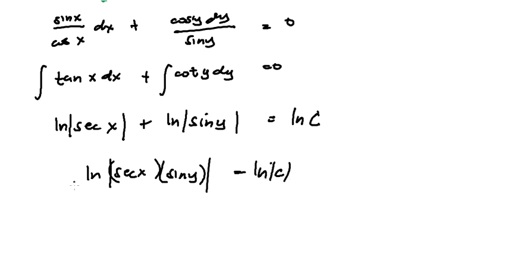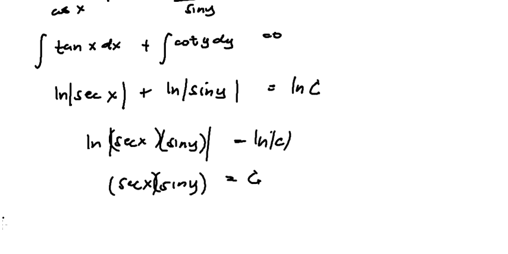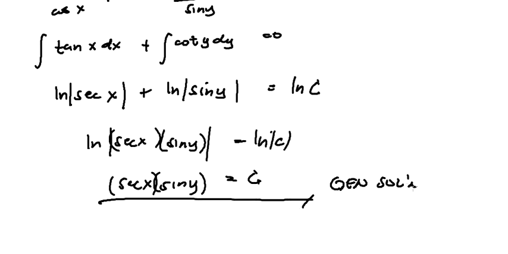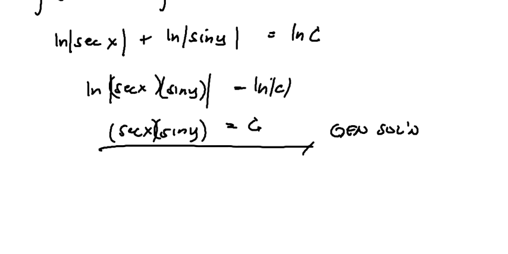Okay, and by further simplification, by raising both sides by e, or by taking the exponential of both sides, we have secant x sine y is equal to c. Right? Now this is our general solution.